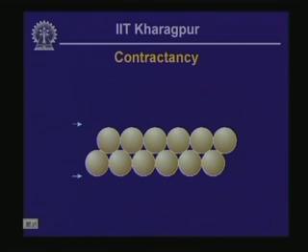So what is happening here is that we are going to end up with an assembly of spheres which are in a state of denser packing compared to the packing that we originally began with.